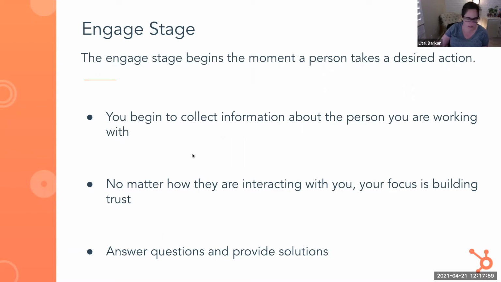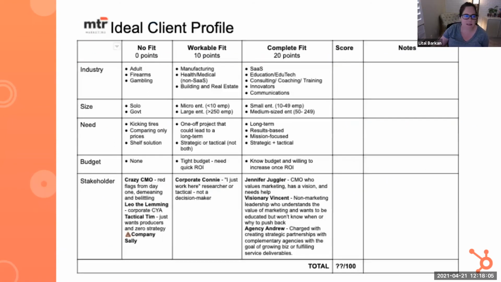In fact, I can also share that one of the things we do is we have an ideal client profile. And this is kind of a scorecard that we can use as we're engaging the client. So like I said, we don't have a specific industry fit, but we do find that certain types of companies we do better with.